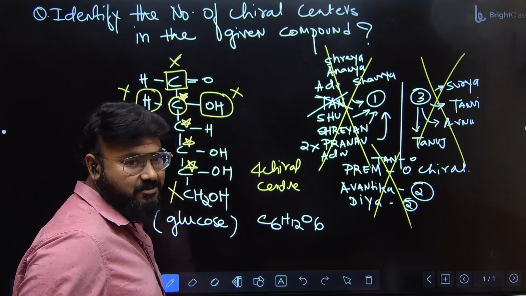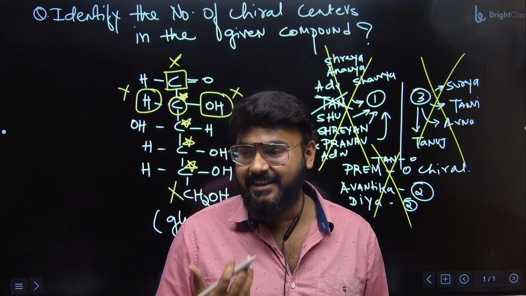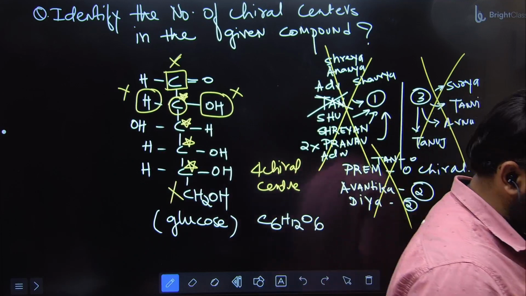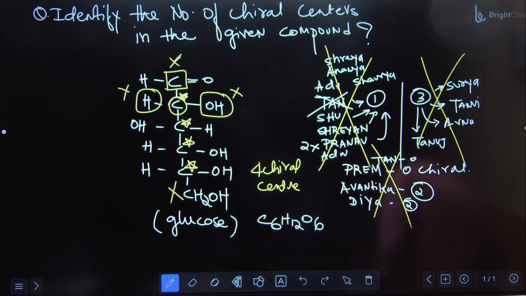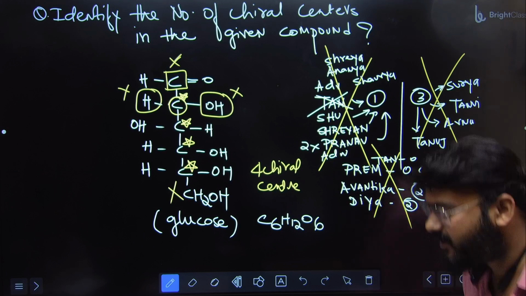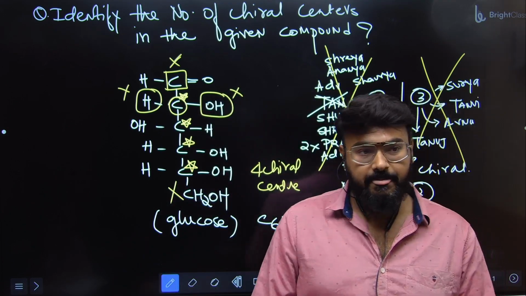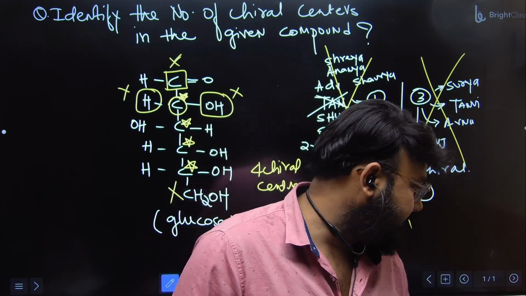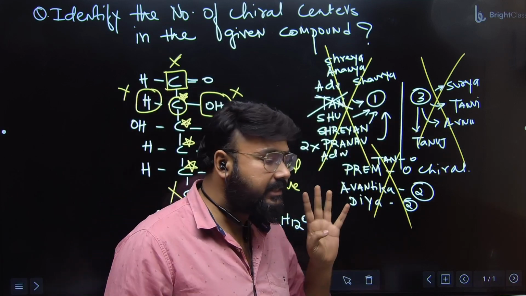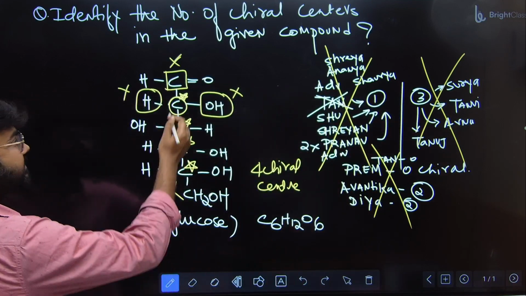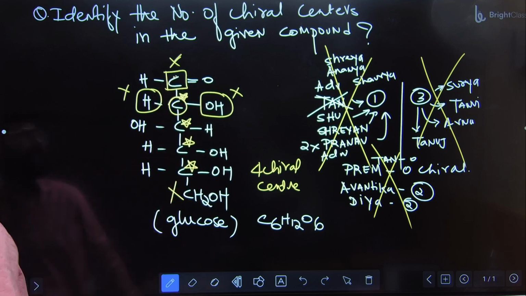Now you have understood the true meaning of chirality. Okay, Shaurya, now you understood? See, Aditya, the definition of a chiral center is that all four valencies need to be different, but this carbon, the top carbon, has only three valencies.